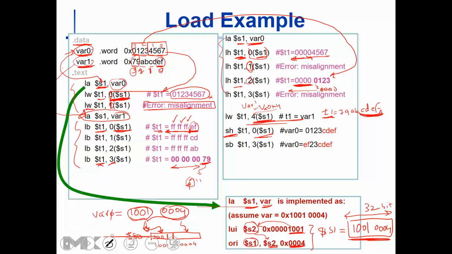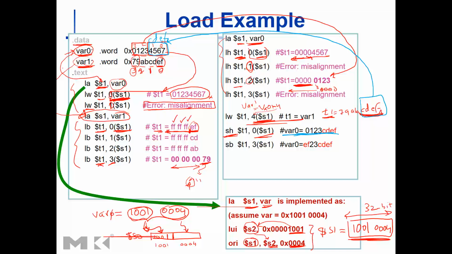So now var will be 0 1 2 3. What's the new value? CDEF. That's what I'm showing here, 0 1 2 3, the var 0 CDEF.